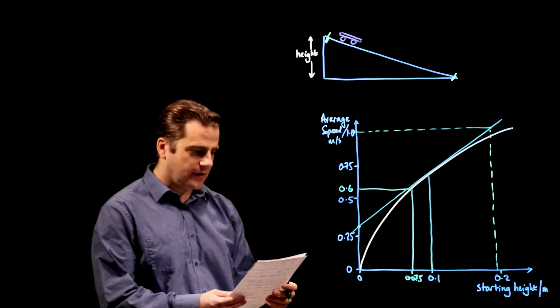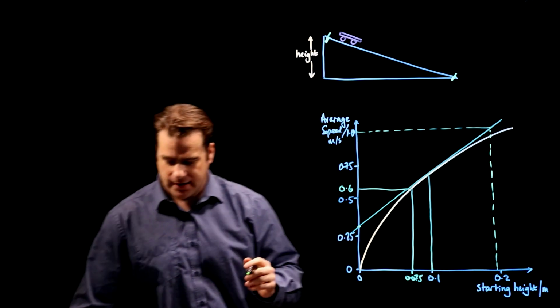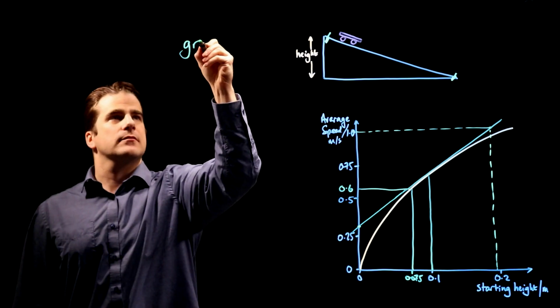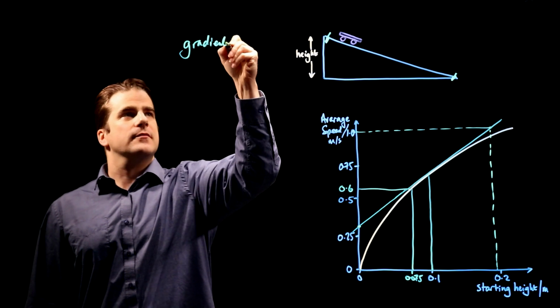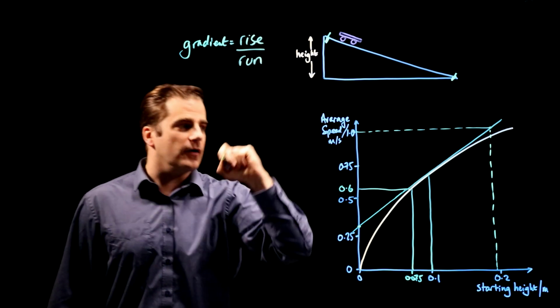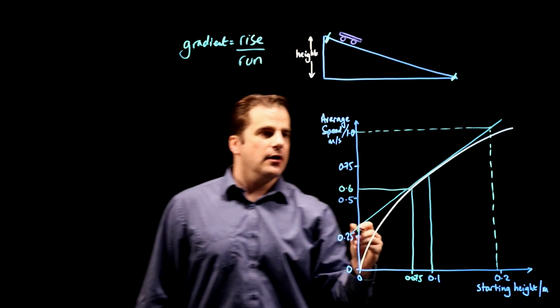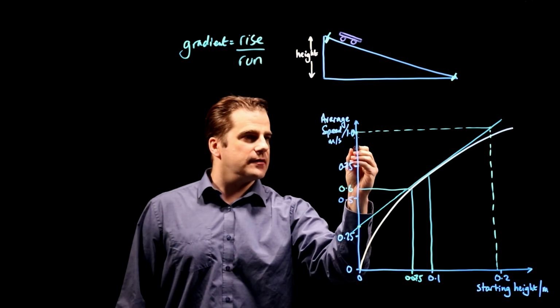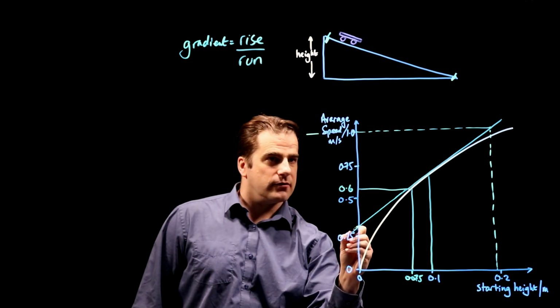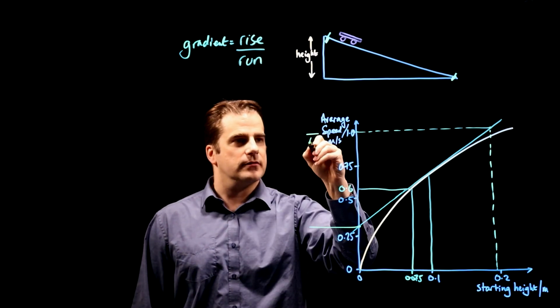Okay, so to calculate the gradient is rise over run. Okay, rise over run. So we've drawn our triangle. The rise is, okay, from there to here.